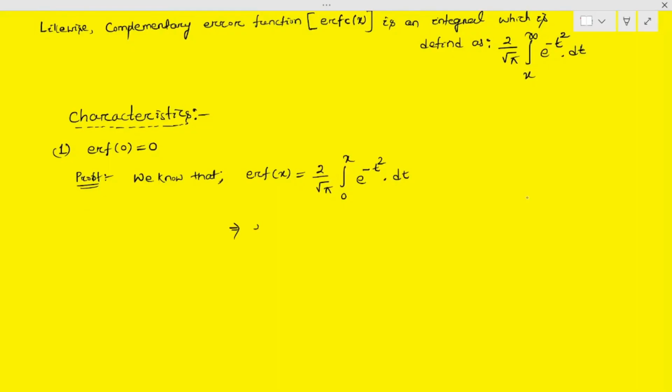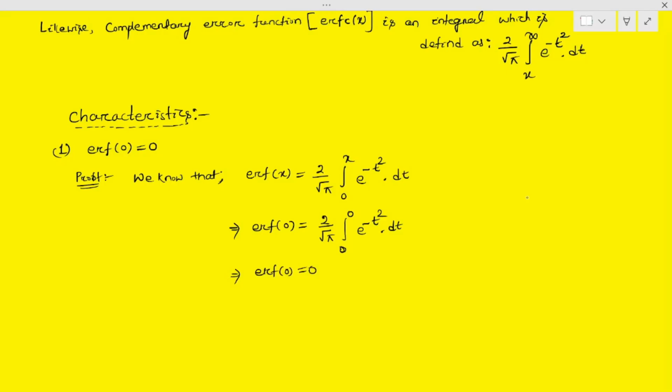That implies the error function of 0 will be written as 2 by root pi, integration from 0 to 0, e to the minus t square dt. Here x means the upper limit is x, so here the upper limit will be 0. So the upper limit and lower limit are both the same. Hence this integral value will be 0. That implies error function of 0 equal to 0.